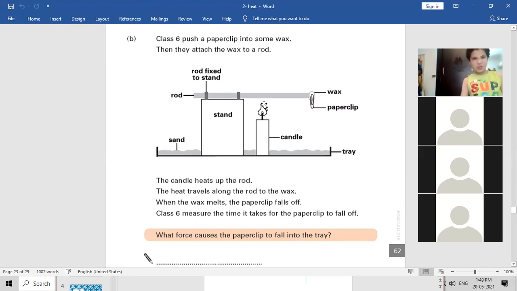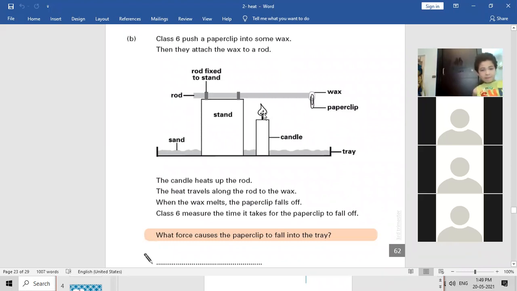Hey, Nancy, what do you think will happen to the rod when you put a candle under it? Nancy, are you there? Can you hear me? Yes, I can hear you now. What will happen to the rod when you put a candle under it?